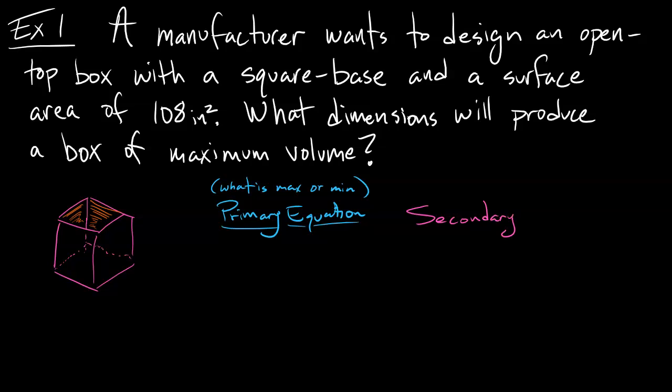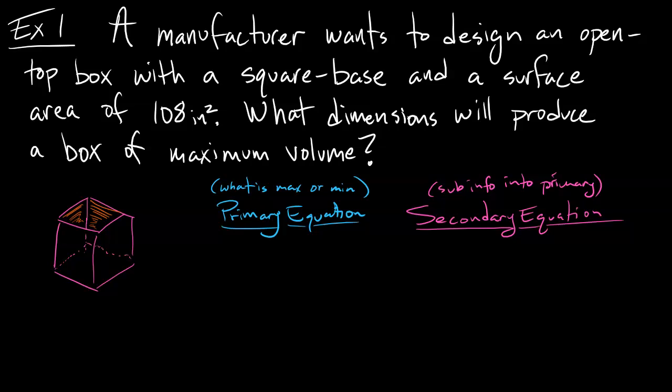The secondary equation traditionally has numbers in it that you're going to be able to use to substitute. It doesn't have to have numbers, but its sole purpose is what you're going to use to substitute.